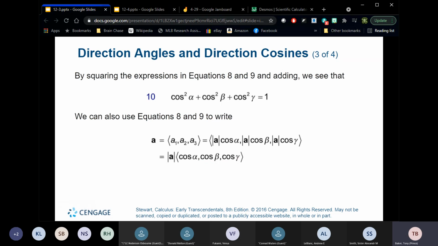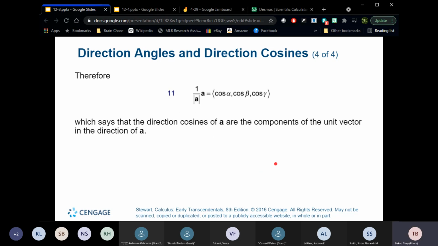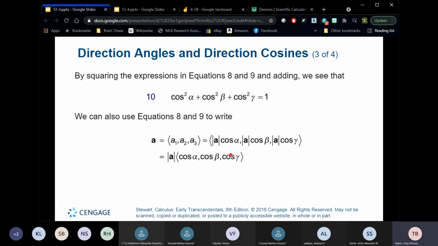So it's 2 different ways that we can write our vector. And it's also the vector divided by the length gives you those things. We already saw that. Any questions on how we calculate and use these before we actually do a problem?